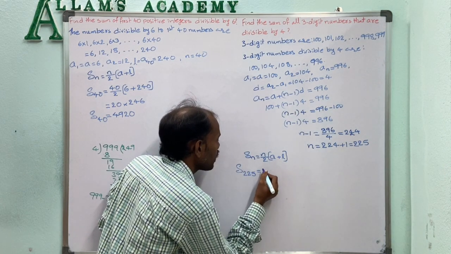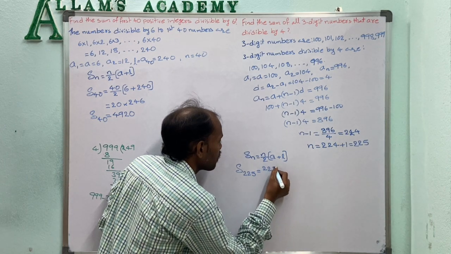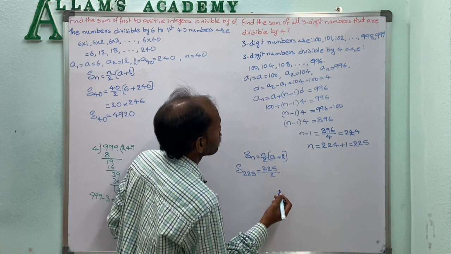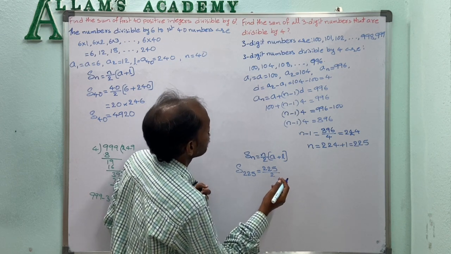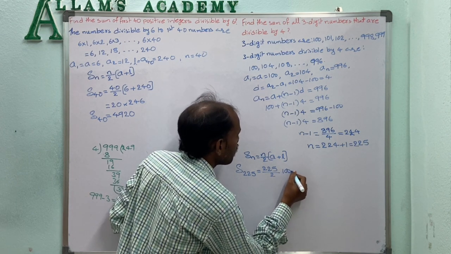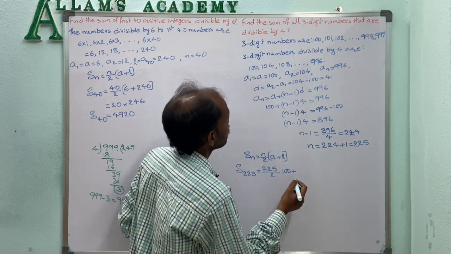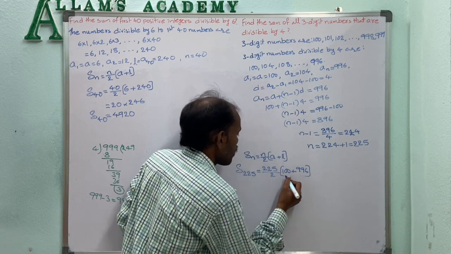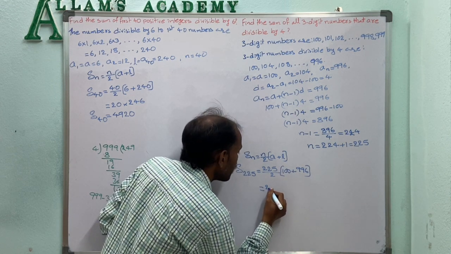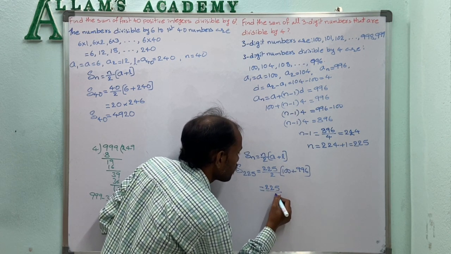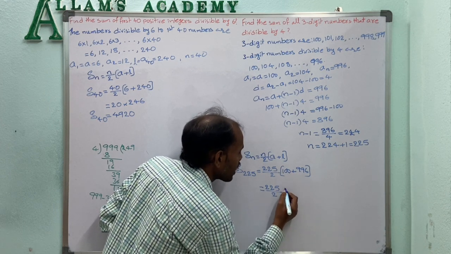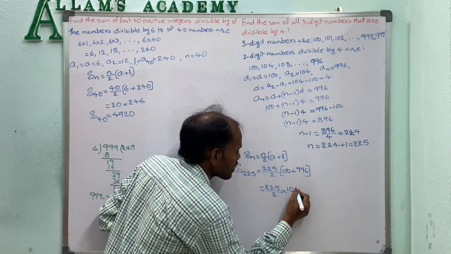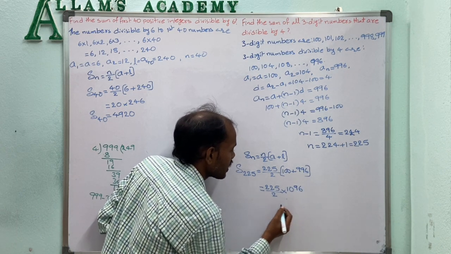So S225 equals 225 by 2 into (a value is 100 and l value is 996), that equals 225 by 2 into (100 plus 996), which is 1096.